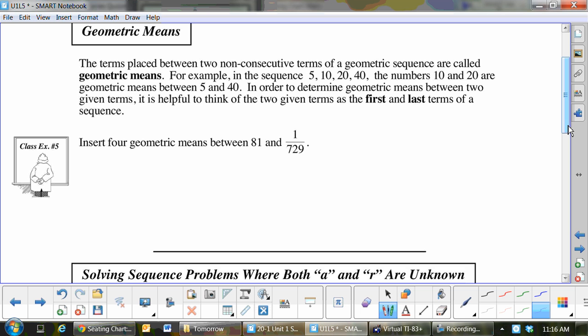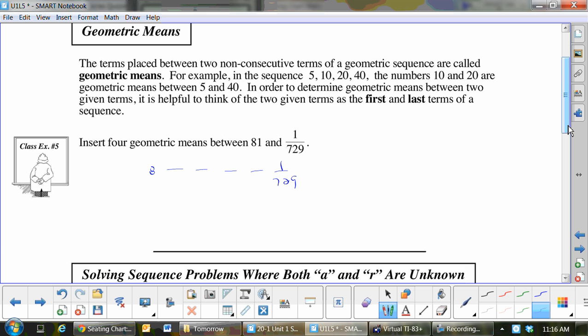If I gave you 8, then 1, 2, 3, 4, and then 1 over 729, what would be really awesome to know right now to get all those numbers? The ratio, the common ratio.